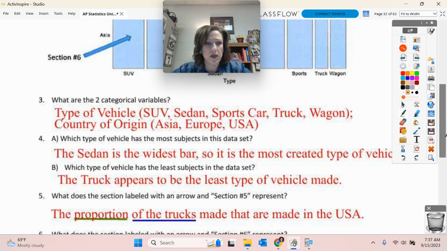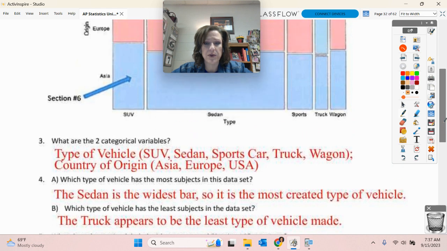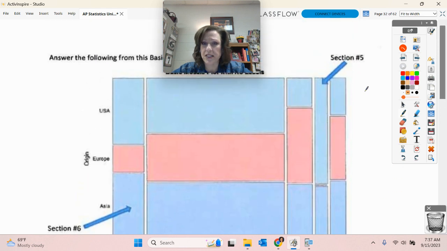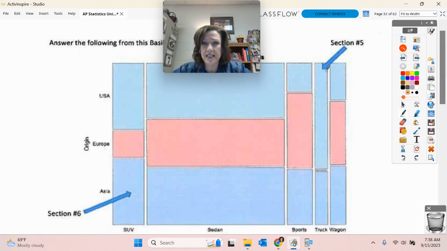Okay, now, what does the section labeled with section 5 represent? So, careful on how you word this. This is the proportion of trucks that are made in the United States.